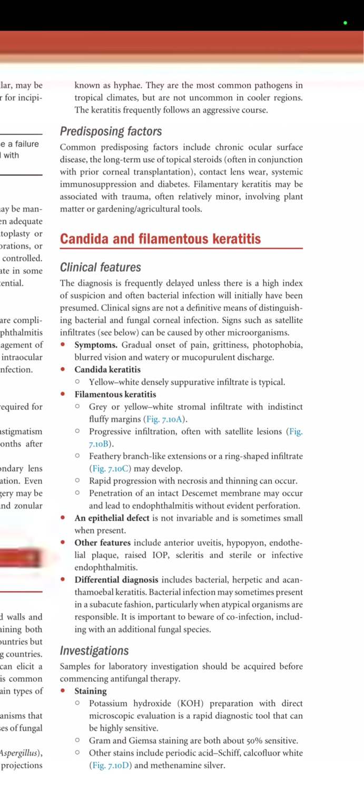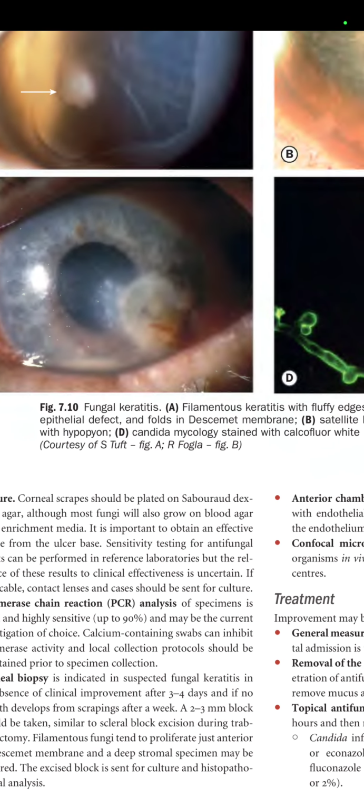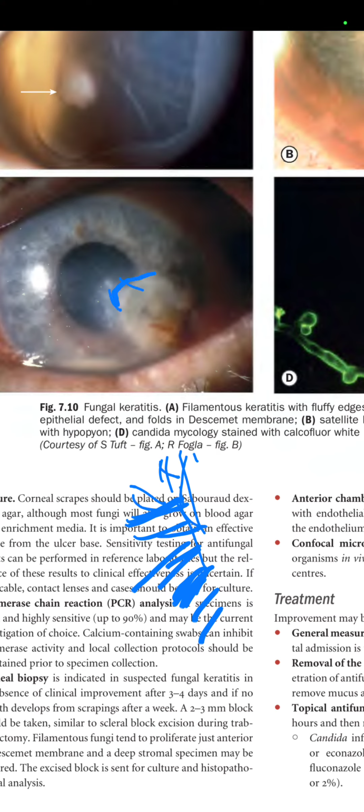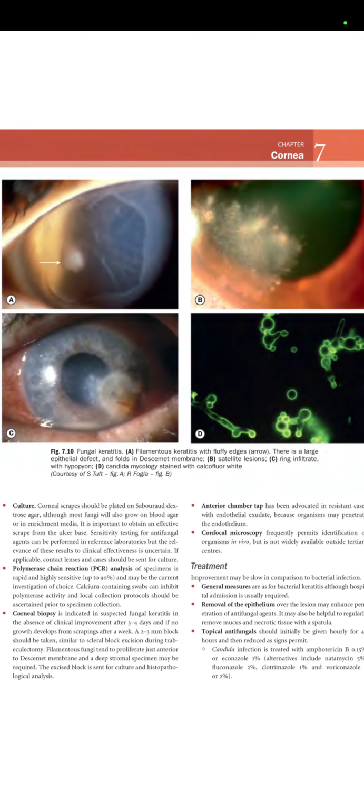Feathery branch-like extensions or a ring-shaped infiltrate may develop. Figure 7.10c: feathery margins are shaped like a feather, giving a branching pattern at the margins. So here, B is a satellite lesion, C is showing a ring infiltrate with hypopyon, and D is showing Candida morphology stained with calcofluor white.